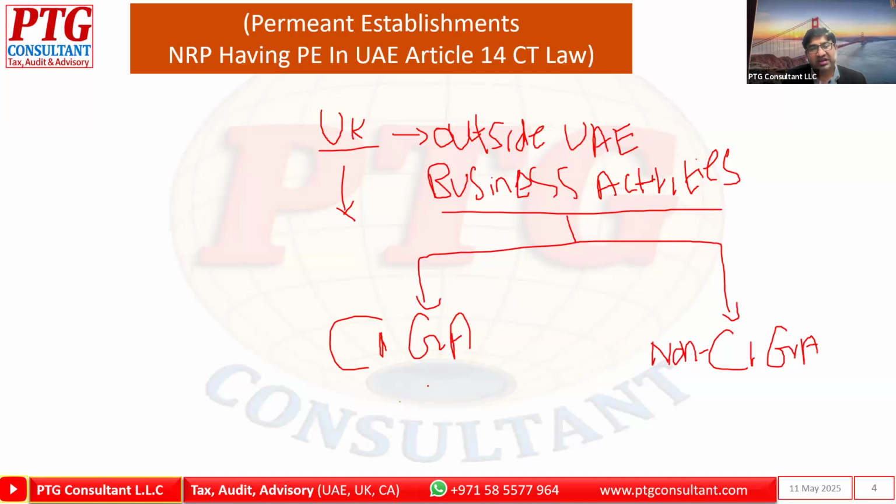Core income generating activity means the primary activity, the main business. Take a tax agency: their main business is taxation services. They are providing tax consulting or they are registered with the FTA. So this is their primary activity.